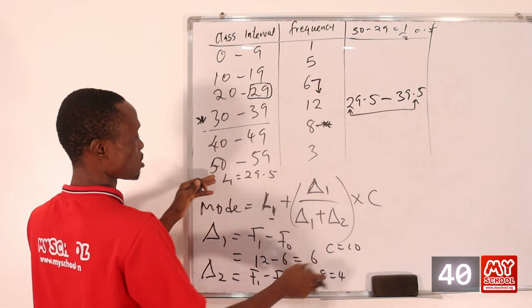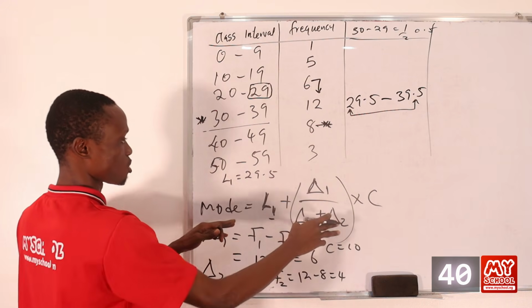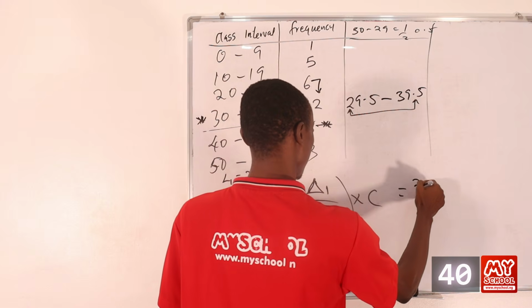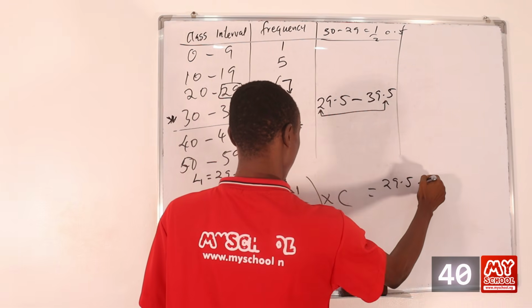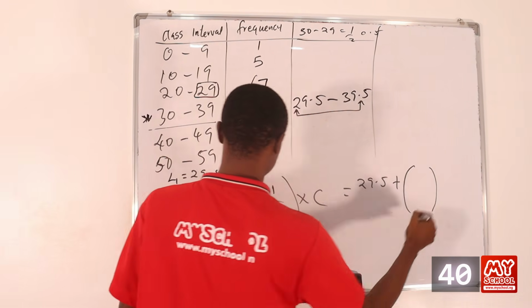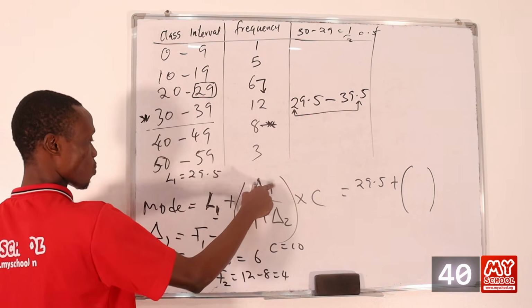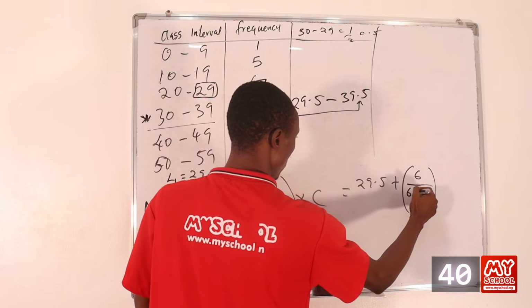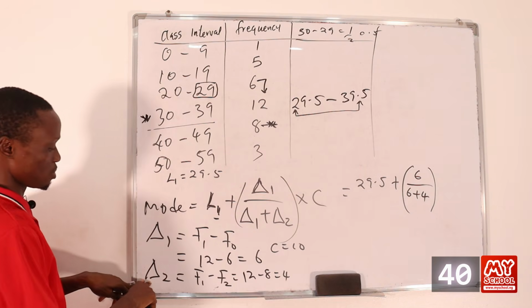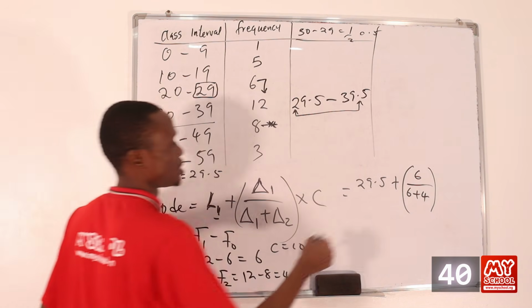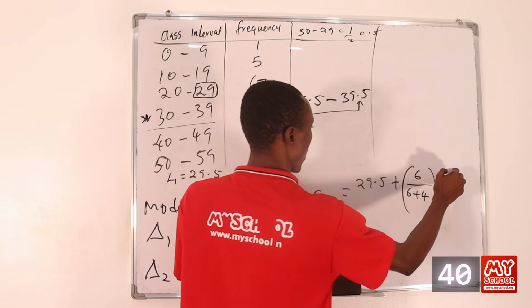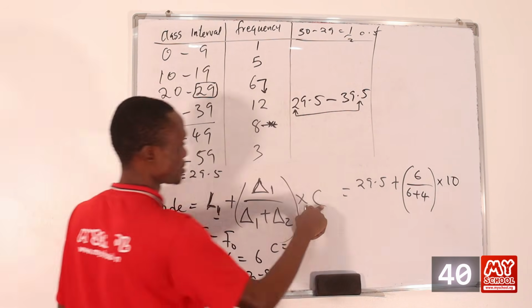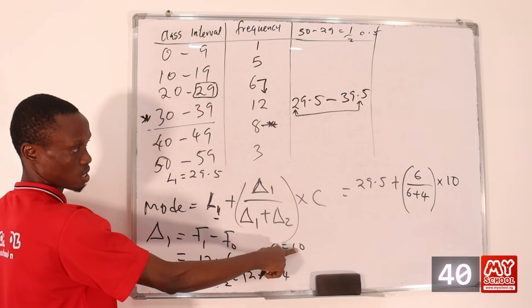Now that we've gotten all these values, we just substitute into the formula. So we have 29.5 plus, let's put this in brackets, our delta 1 is 6, so put 6 here, over 6 plus 4. The 4 represents delta 2. Then times the class size, which is equal to 10.